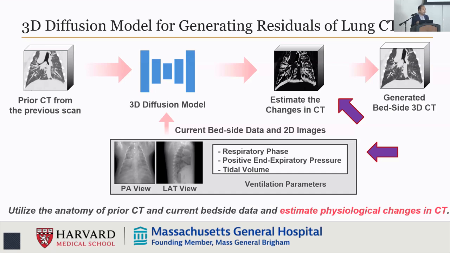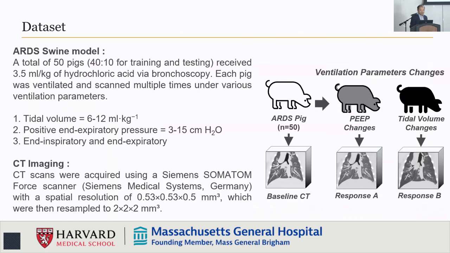One is that we estimate the residual instead of the whole image, like what Dan said on the first day, that he also tried to estimate the residual instead of the whole image. The second is that we want to change these parameters to optimize the outcome.